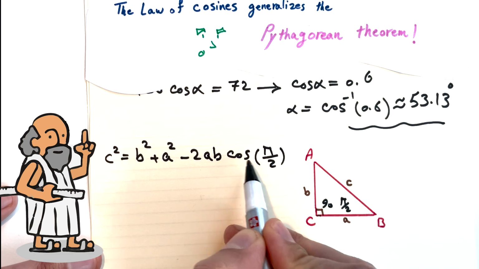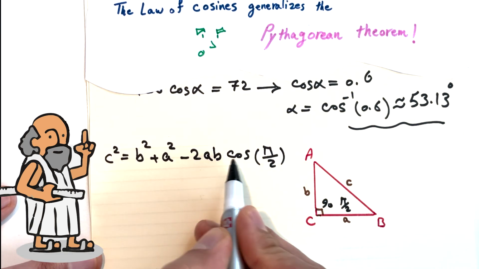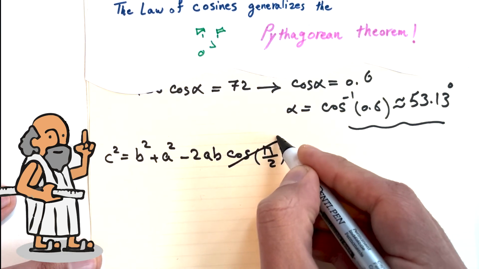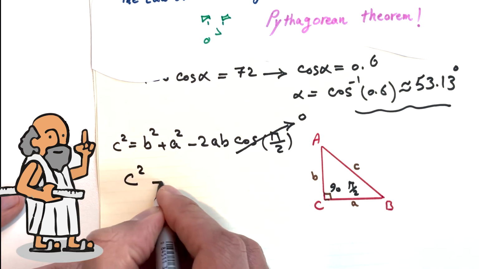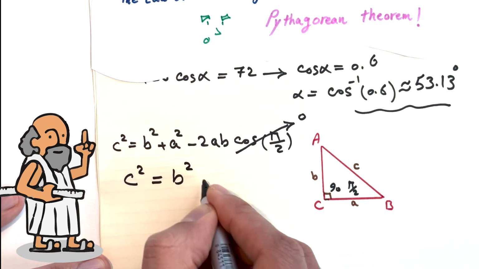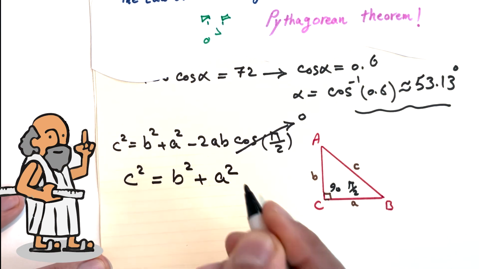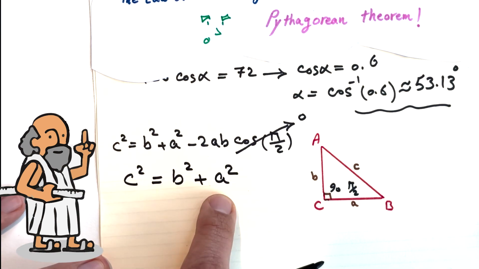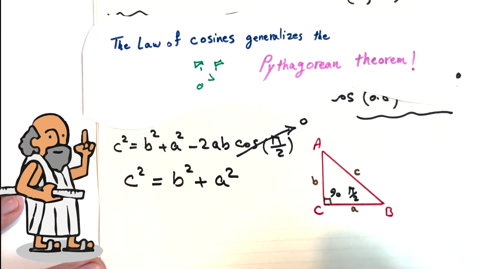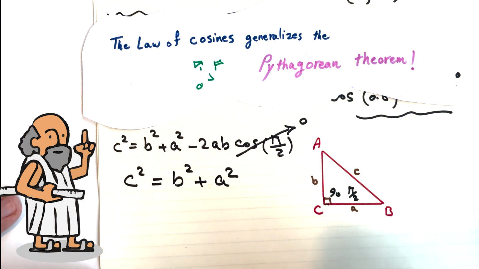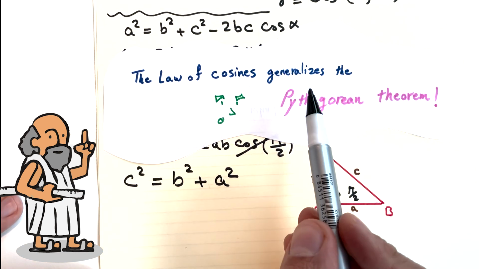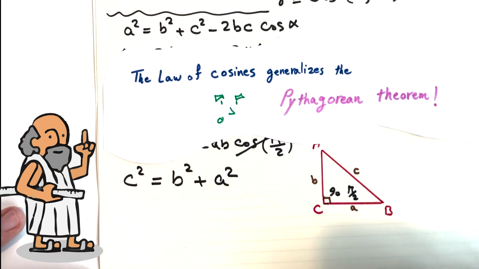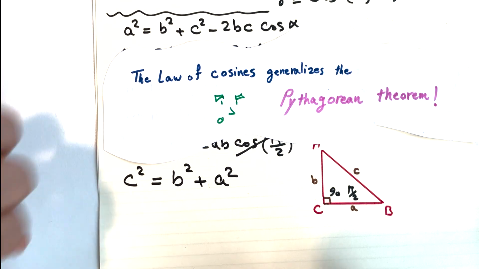But we know that the cosine of pi over 2, or cosine of 90 degree, will be 0. Therefore, C square is equal to B square plus A square, which is the Pythagorean theorem. So keep in mind that the law of cosines always generalizes the Pythagorean theorem too.